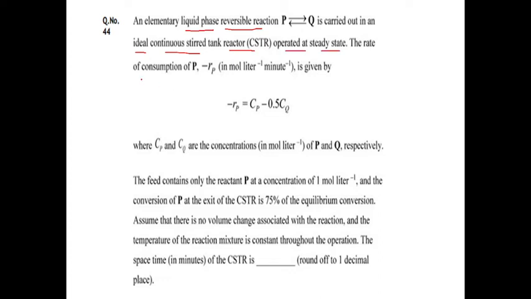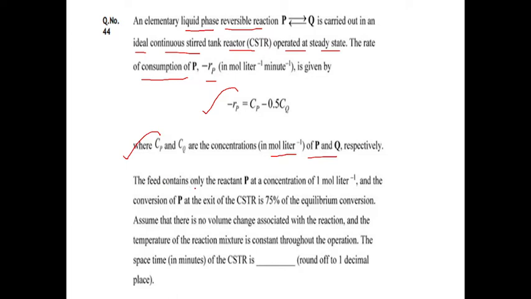The rate of consumption of P, minus Rp, is given by minus Rp is equal to Cp minus 0.5 Cq, with Rp in units of mole per liter minute, where Cp and Cq are the concentrations of P and Q.